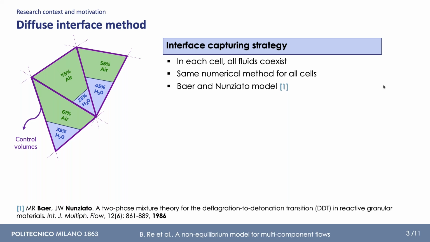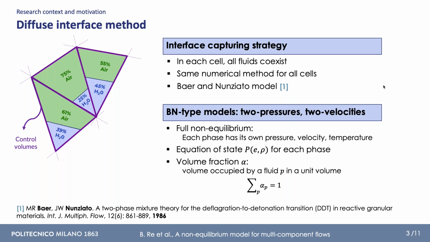The cornerstone of this class of methods is the Baer-Nunziato model, from which a class of models usually called N-type models, or two pressures, two velocities models, have been proposed.